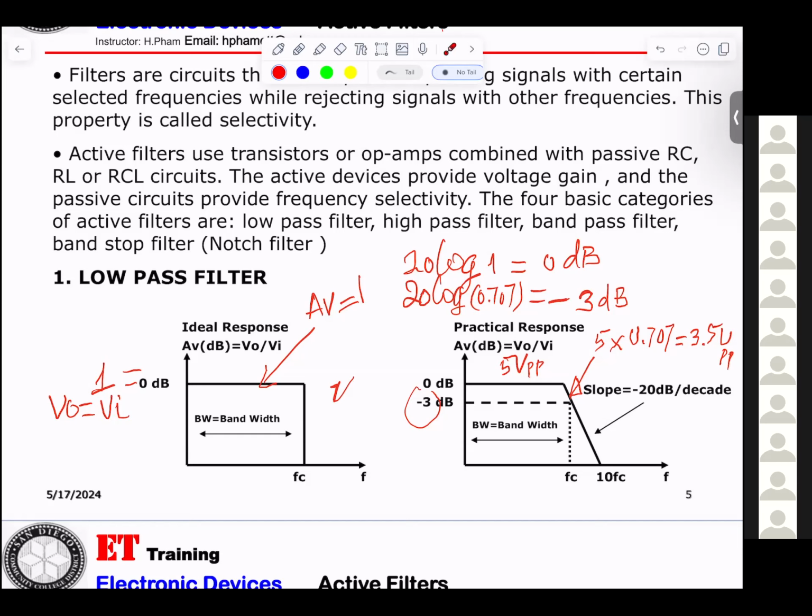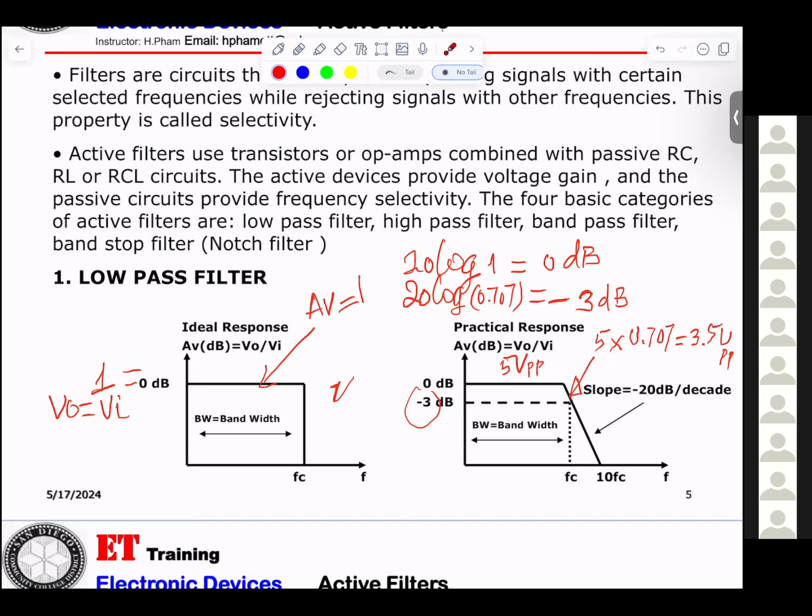So you're saying a decade is 10, and every 10 times the cutoff frequency, the next one would be minus 40 dB. Yeah, that's a different story. Oh, okay. Right now, I'm just asking, when they say slope equals minus 20 dB per decade, what does that mean to you?